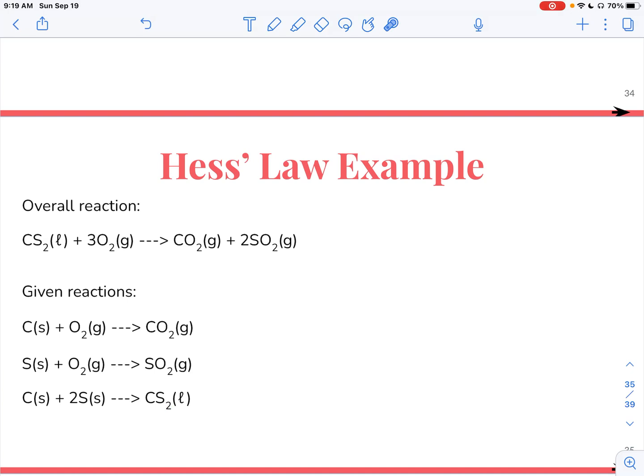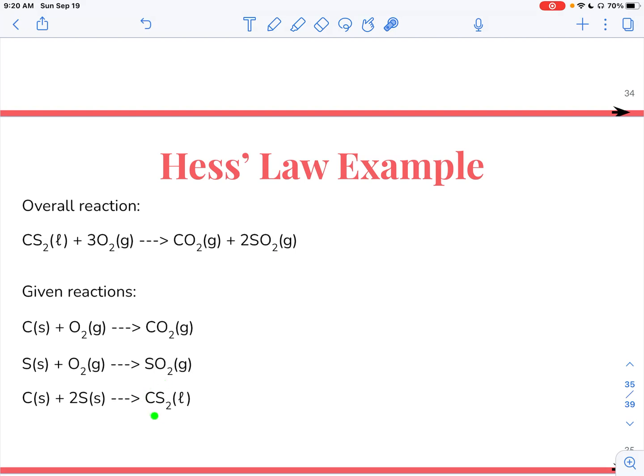So how you choose to go about that is your business, but here I think the easiest way to do it is find something that's in the overall reaction that only shows up in the given reactions once. For example, CS2. It's only here once, so we can use that. All right, so what you need to do is manipulate your given reactions to eventually add up to this one.